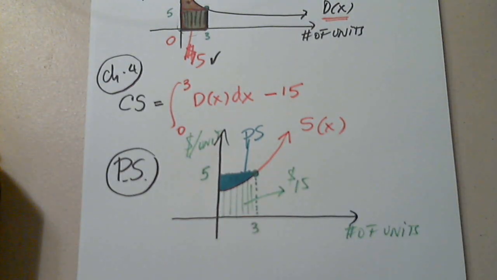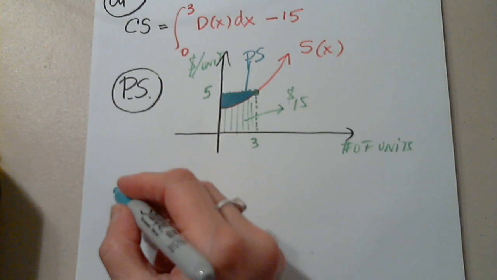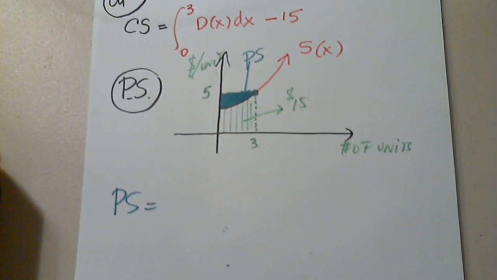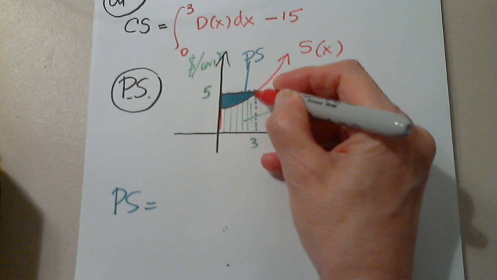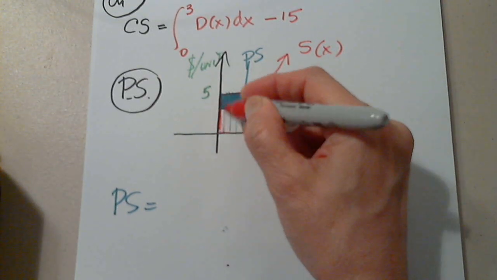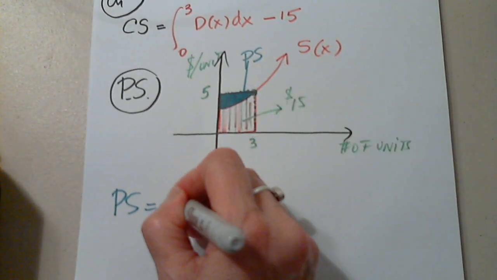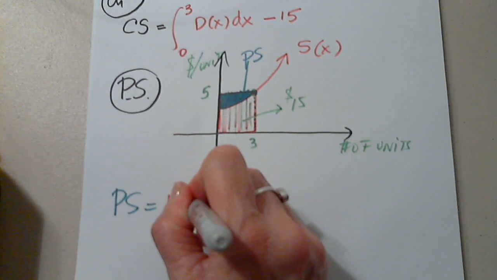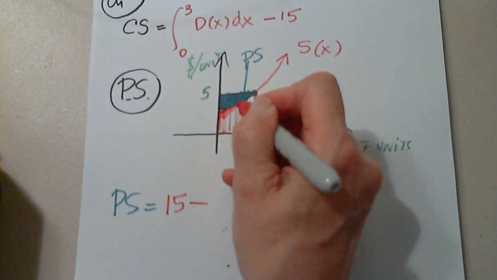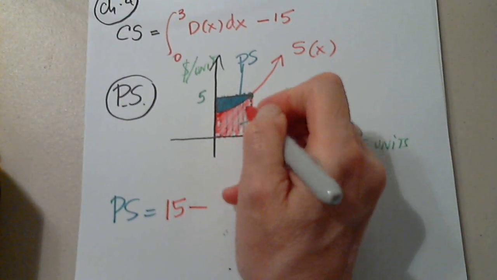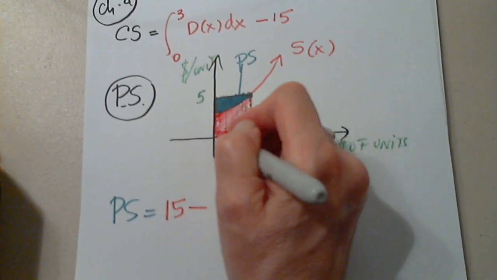But now, how do I determine the producer surplus? So here's a hint again. I know this area. I know it's 15, from which I have to subtract this piece, the red area.